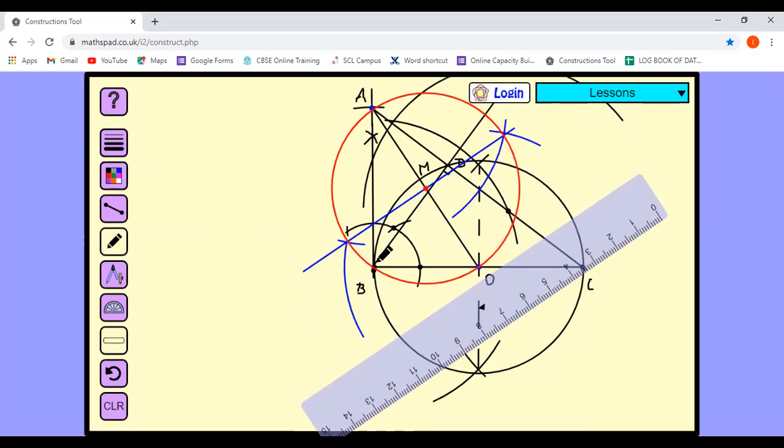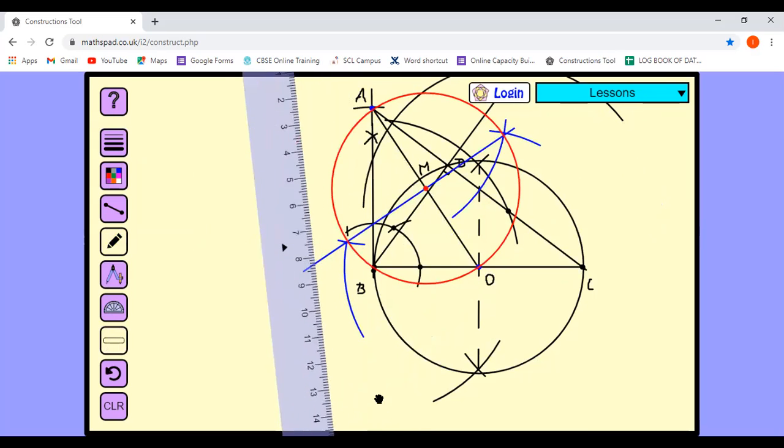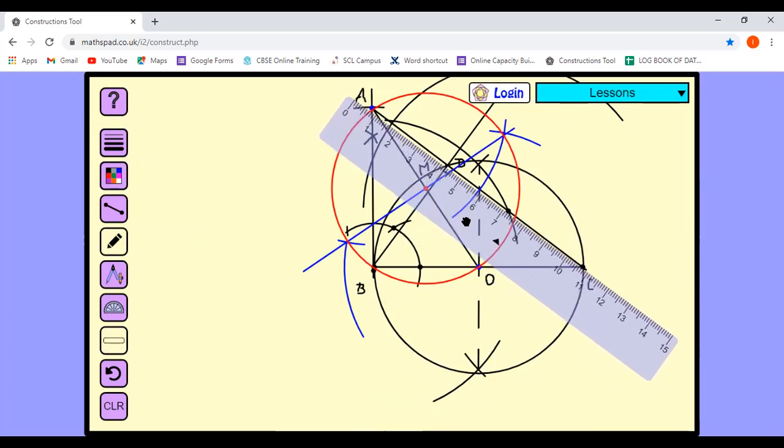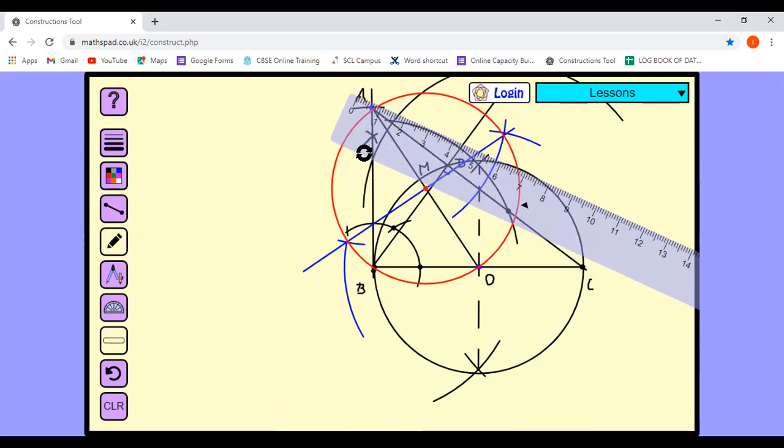See, it will cut at B. AB is actually one of the tangents for us. We have to join the other point only over here. So A with the other point, the point where it cuts, we are going to join.